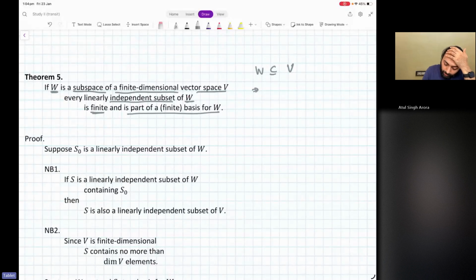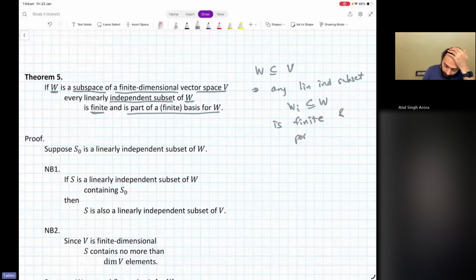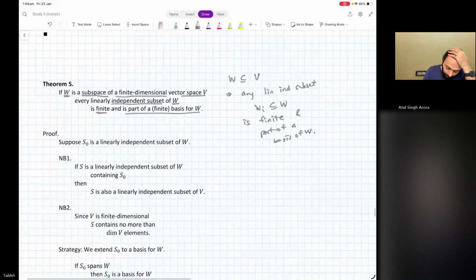So then this implies any linearly independent subset, say W_i, of W, is finite and part of a basis. Okay, so that is the theorem statement.